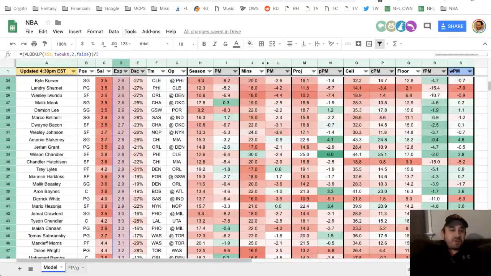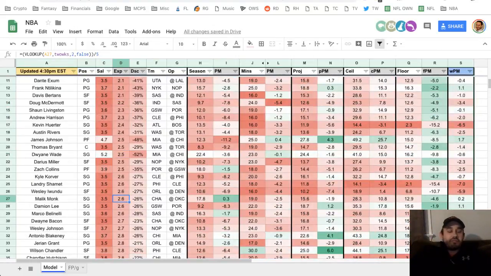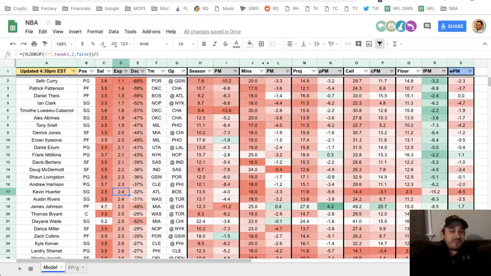Because their recent form divided by 5, again, their last 2 weeks FanDuel points per game divided by the 5x value multiplier constant, gives you an expected salary of less than 3,500. So, for example, Seth Curry, his expected salary is $1,100. That's not good. And so on and so forth.